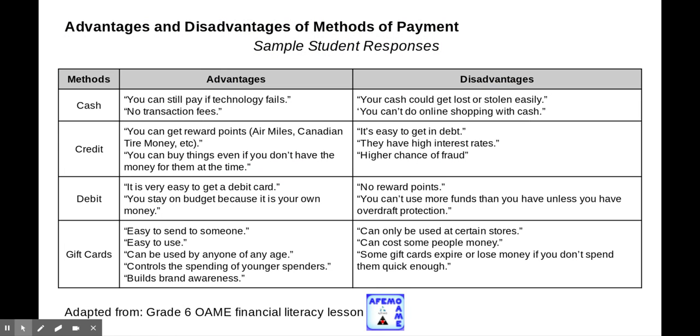I found this quite useful when I was thinking about this idea of advantages and disadvantages of methods of payment. And this comes straight from the grade 6 lesson on financial literacy for what students may say are the advantages and disadvantages of cash, for example, credit, debit, and gift cards. So you may want to pause the video and read this. I found it quite helpful to think about.